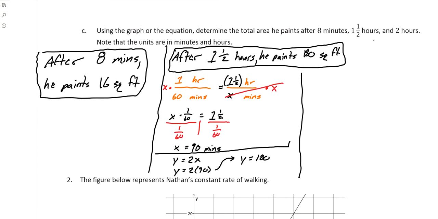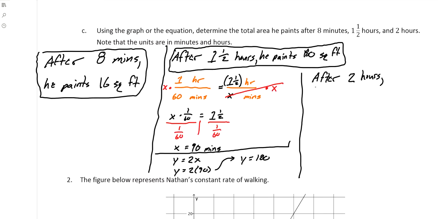Okay. And let's see, after 2 hours. So we've got to do the same thing though. To use this equation, we have to get x in minutes. We can't put 2 in because it's not 2 minutes, it's 2 hours. So we do the same thing here. We don't necessarily have to rewrite it.